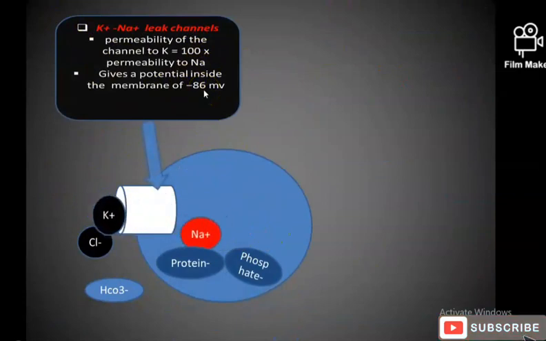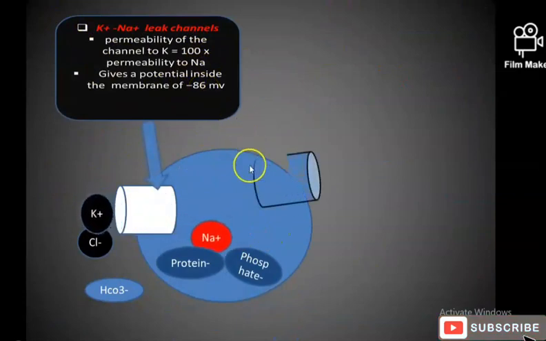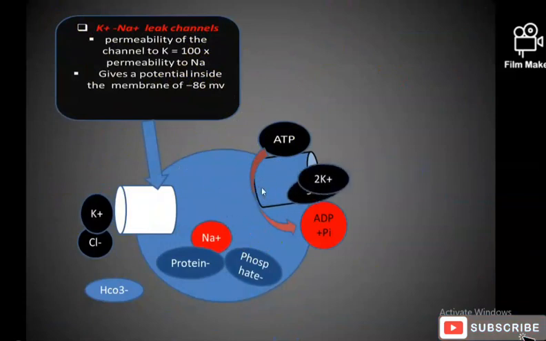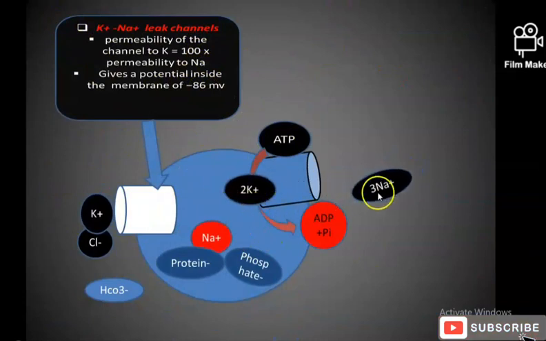The other very important component is the sodium potassium pump. This pump uses ATP, and when ATP breaks down into ADP and inorganic phosphate, the pump moves sodium from the inside to the outside and potassium from the outside to the inside. Three positive charges move from the inside to the outside, and two positive charges move from the outside to the inside.